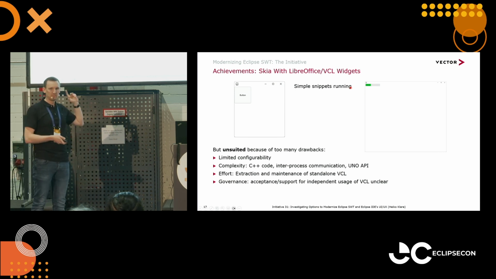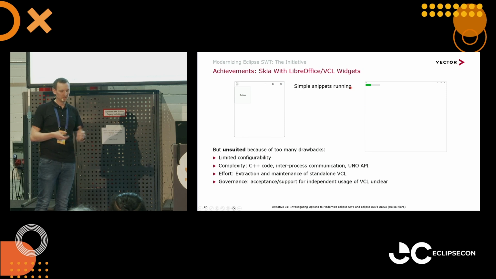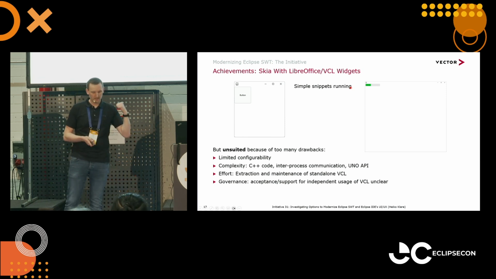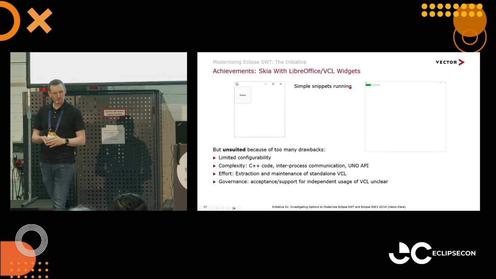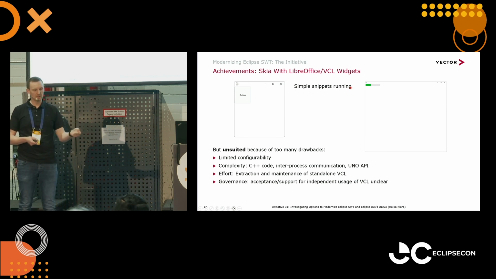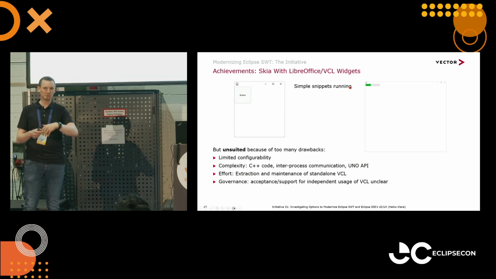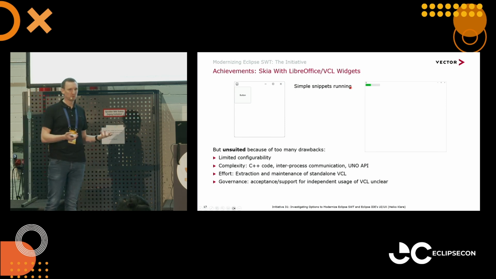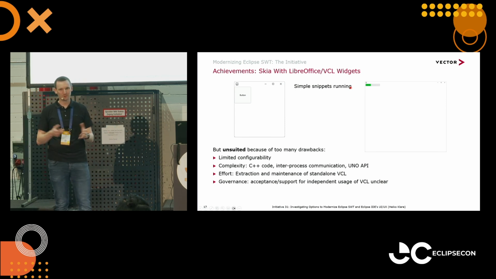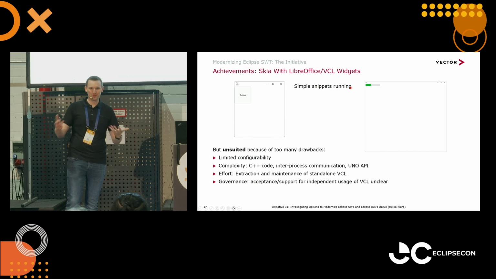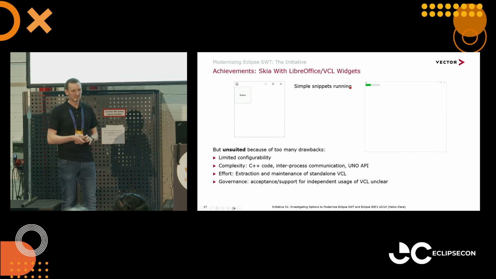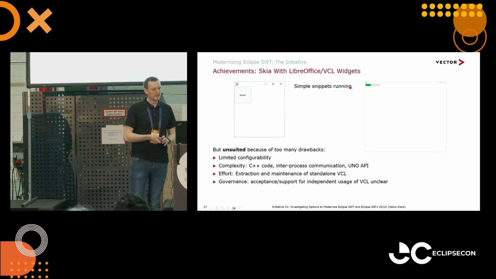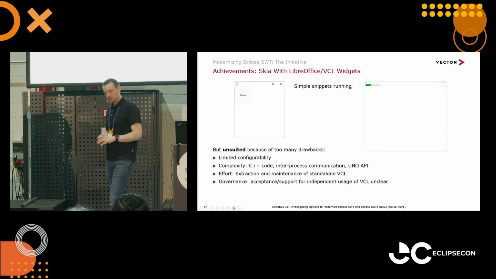You also have some limited configurability, which is comparable to SWT, so we do not have any real gain in there. And I already mentioned the complexity part, but also VCL is tightly integrated into LibreOffice, so you would have to extract that from LibreOffice, you would have to maintain that, and there might also be a problem from a governance perspective, because the people must be willing to extract that from their tool, so that other applications can also rely on this VCL library. So that's why we dropped this solution.